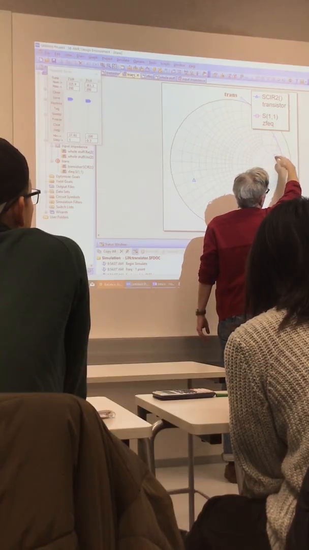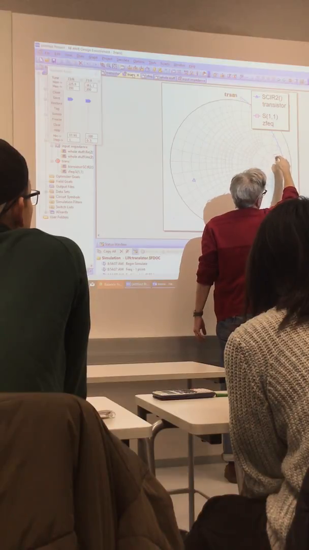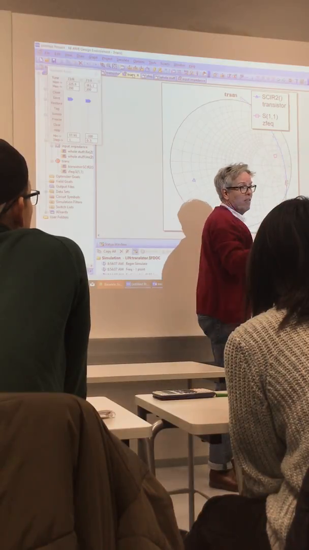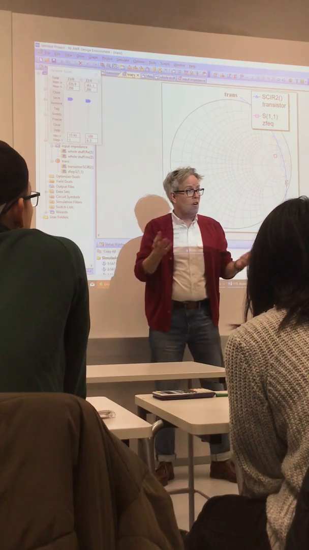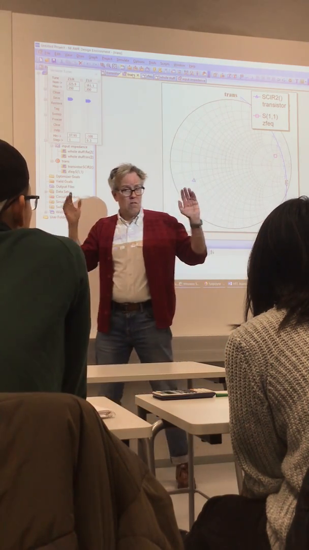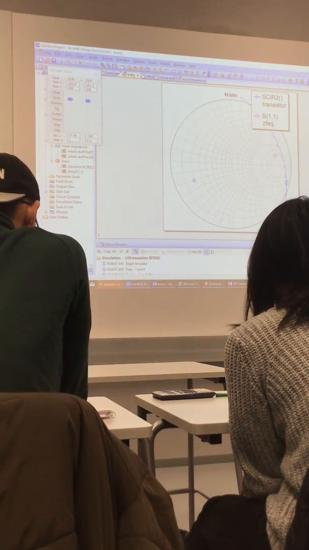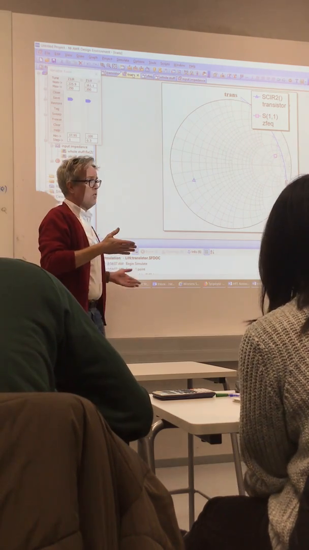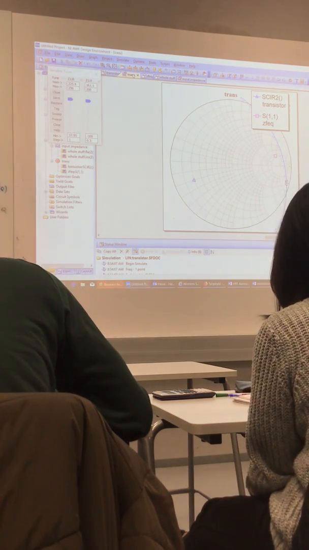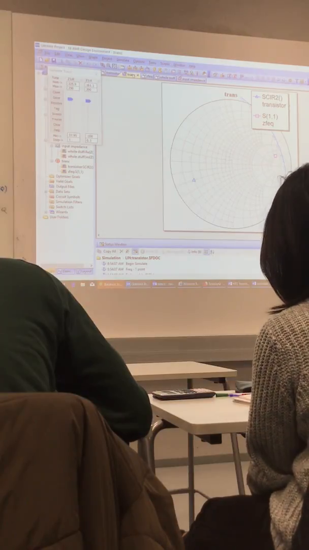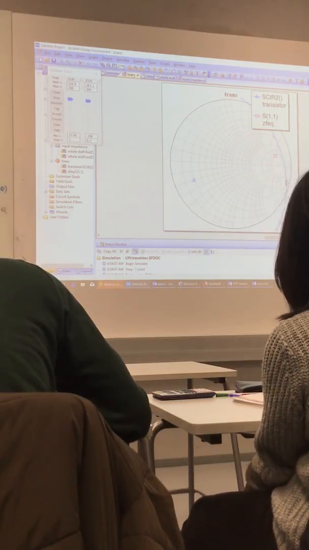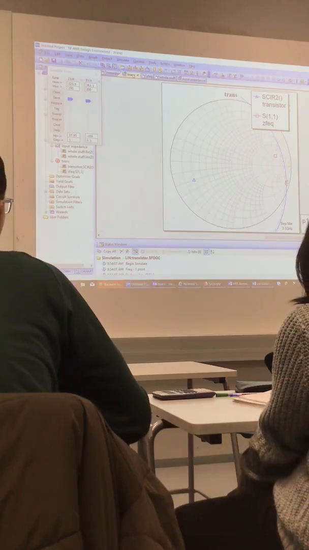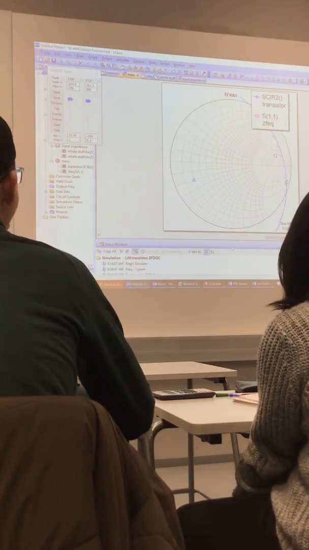If you go to 300 and something, you only move from here to here. So from 200 to 300 ohms, that should be completely okay. So you should find a point that gives you a sufficiently negative real part.